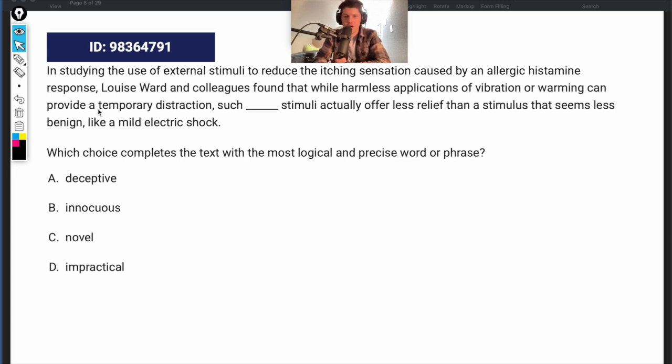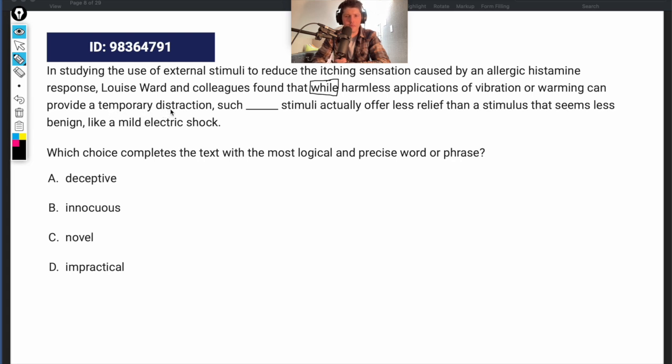So they found that while harmless applications of vibration or warming can provide a temporary distraction. Now, the key word here, I know it's easy to get kind of stuck in the details of a science passage. The key word is the word while. We're going to see a contrast between these two statements. Harmless applications provide a temporary distraction.